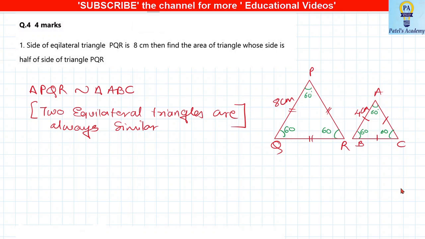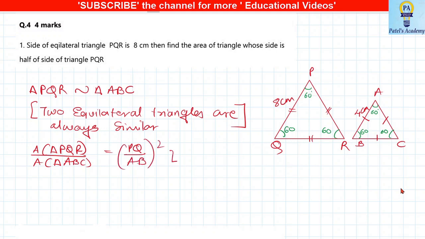Okay, now as the triangles are similar, I can say that area of triangle PQR upon area of triangle ABC equals to (PQ upon AB) whole square. Reason, ratio of areas of similar triangles.